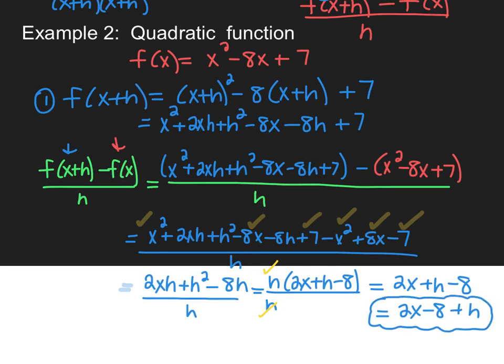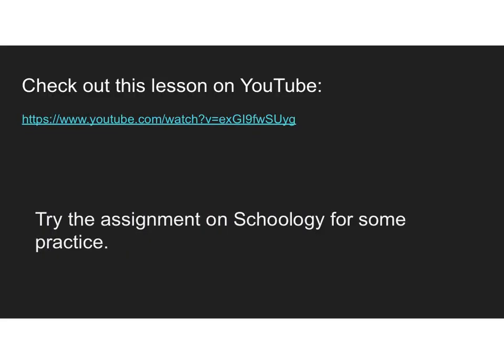Now, one important fact about the difference quotient is that your difference quotient will always be 1 power less than your original function. So since our original function was a quadratic, 1 power less will be linear. Again, that's why I like to write that as 2x minus 8. That h, remember, is a very small increment of space, so that h over time will become insignificant because it is such a small value.